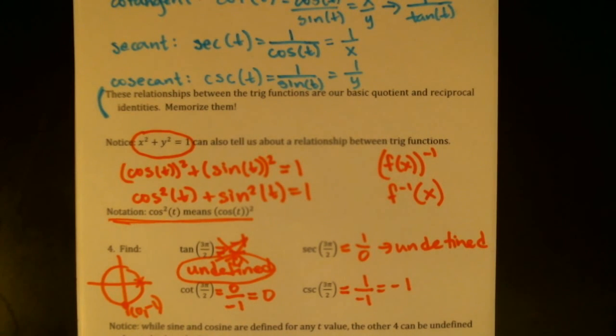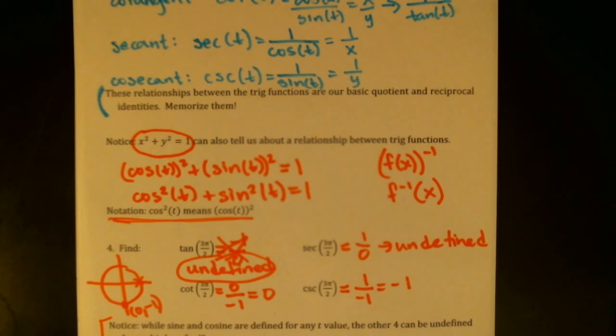Okay, so notice that while sine and cosine are defined for any t value, no matter what t I pick for you, if it's big or small or positive or negative or 0 or messy, if it's a real number, I can tell you that it's associated with an x and a y. It might be tricky to actually get that.